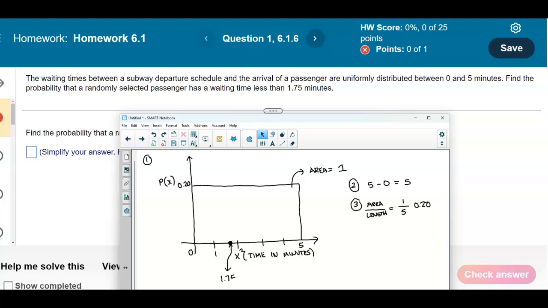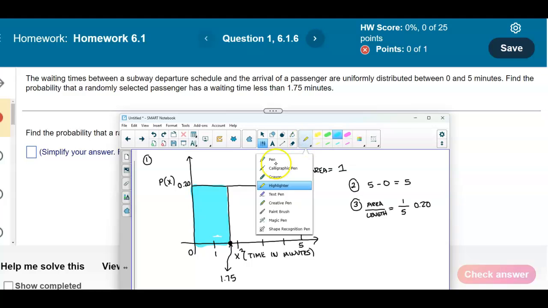We're going to draw a line up here, and then shade everything below that, back to the value of 0. So this represents the area that is the waiting time that's less than 1.75 minutes.